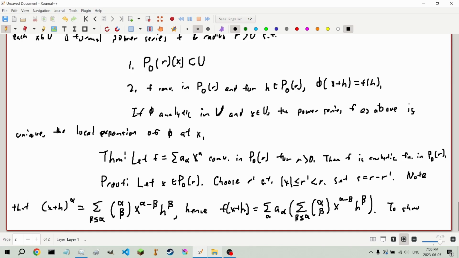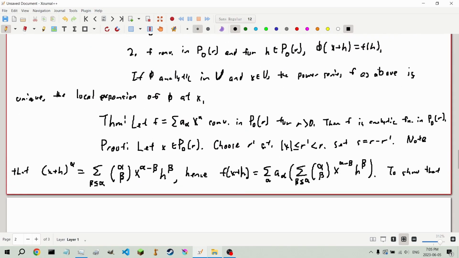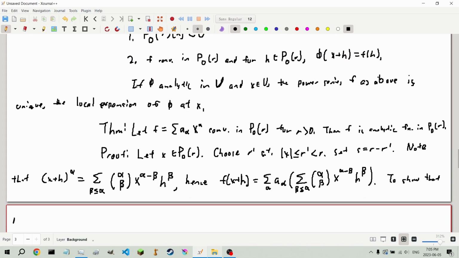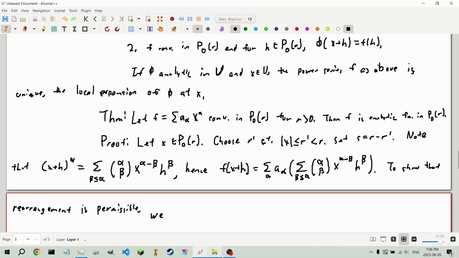Now to show that this rearrangement of this sum is permissible, we will show first off that summing over alpha, then summing over the beta being at most alpha, of a_alpha times alpha choose beta times x^(alpha minus beta) times h^beta is finite.